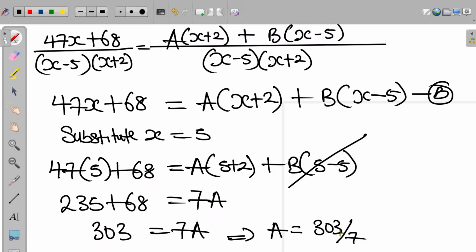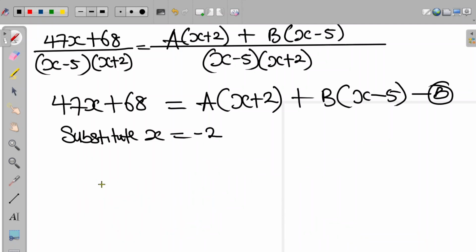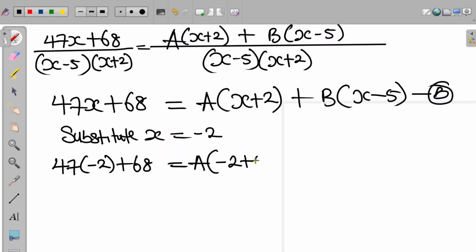Now we have obtained the value of a. To obtain the value of b, we substitute x equal to -2 into equation b. Now, if we do that, we have 47 multiplied by -2 plus 68 equal to a times -2 plus 2, plus b times -2 minus 5.